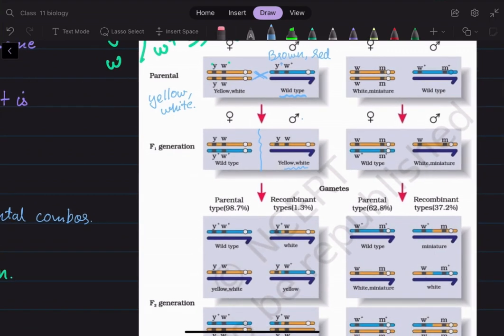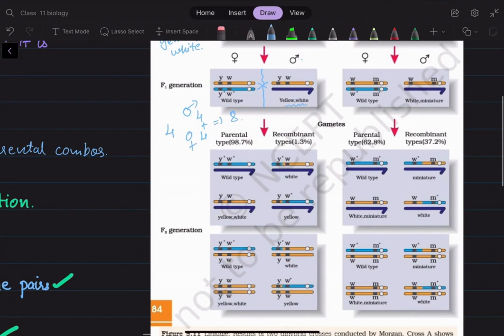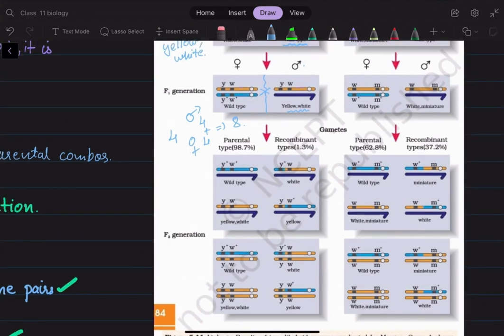Now if we cross these two, you will get four possible combinations. Since these four combinations are applicable for both male and female, you will get 4 plus 4, that is 8 possible combinations. In these 8 possible combinations, the parental type were the most. 98.7% of the progeny were from the parental type. What do I mean by parental type?